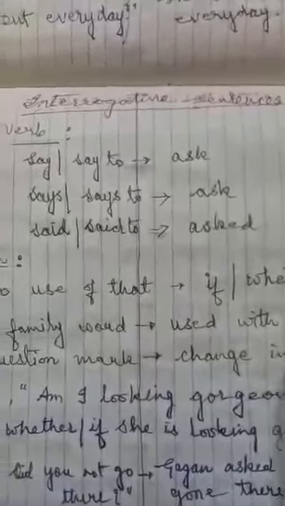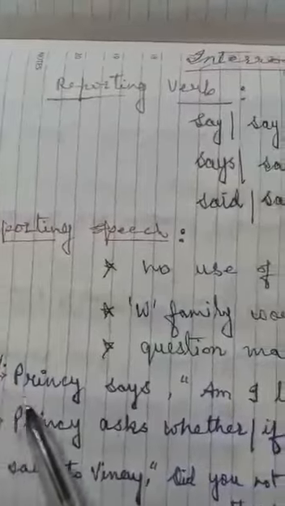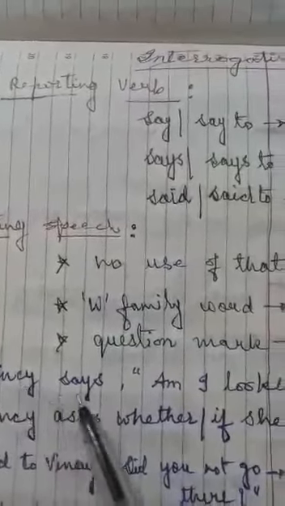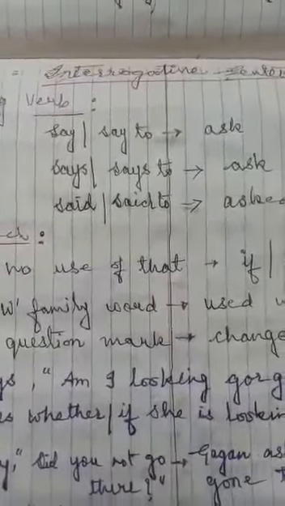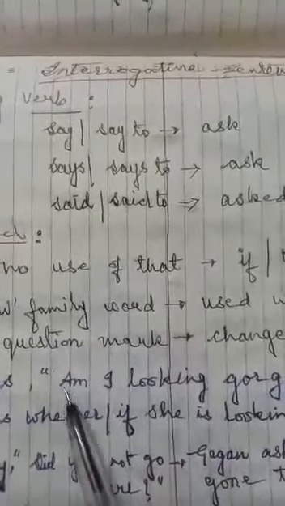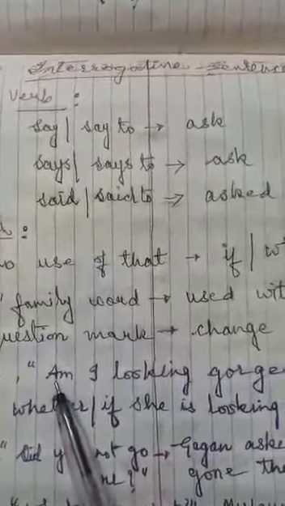My dear children, for example, now pay attention. Suppose I say in direct, Princey says, am I looking gorgeous? Here the sentence starts with an auxiliary, not with the WH family.